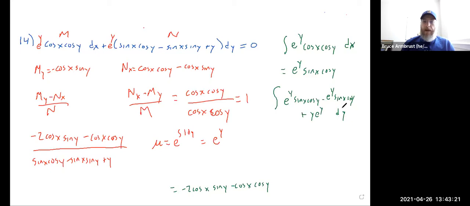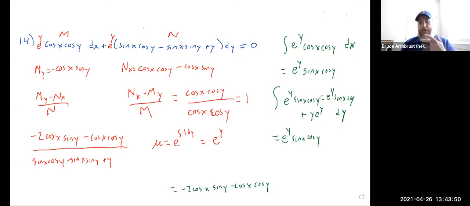With respect to y. And what that's going to give us is that same e to the y sine x cosine y, because its derivative is these two pieces if you use the product rule.